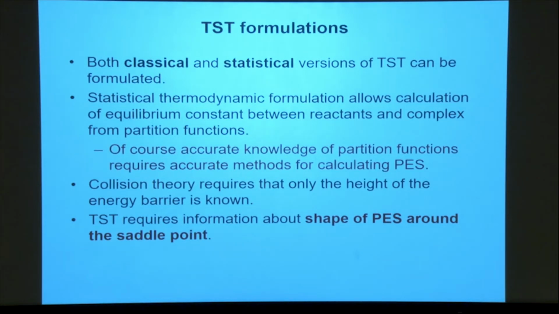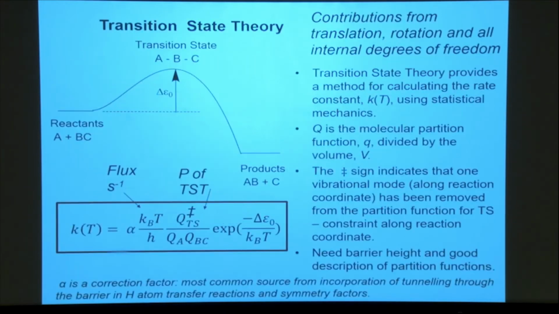Of course, we need accurate knowledge of the partition functions, and to know that, we need accurate methods for calculating the potential energy surface. If we're using collision theory, then we only really need to know the height of the energy barrier. But if we're doing transition state theory calculations, then we need to know the shape of the potential energy surface around that saddle point, to include other internal degrees of freedom, for example.